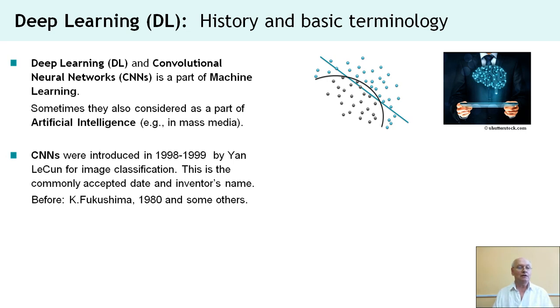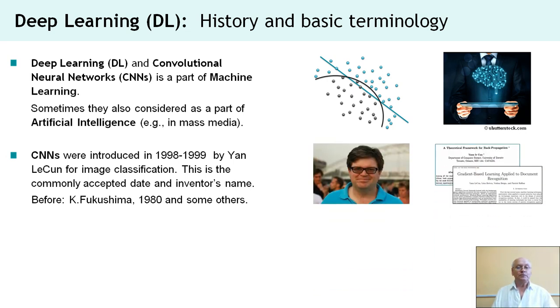So let's go. So that's the happy guy who introduced it, and a copy of the title of his very first papers, which really introduce the convolutional neural network and this deep learning approach.